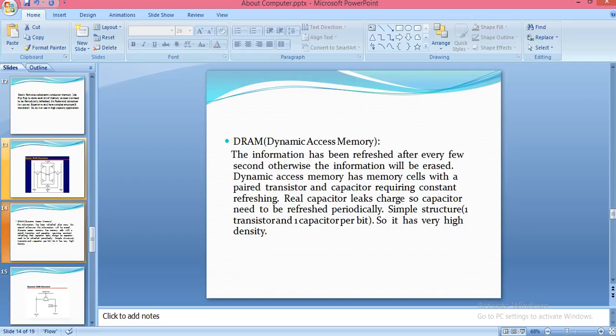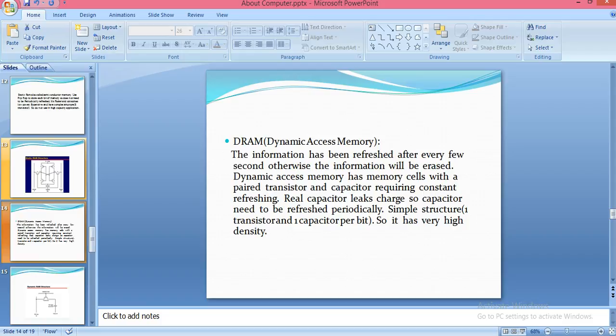Okay, now dynamic random access memory. What is dynamic random access memory? In dynamic memory, the information has to be refreshed after every few seconds, otherwise the information will be erased. Dynamic RAM has memory cells with a paired transistor and capacitor requiring constant refreshing.